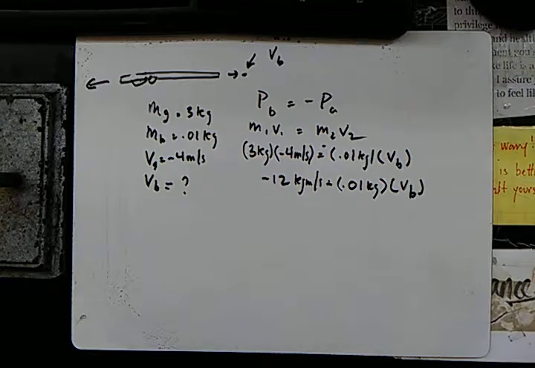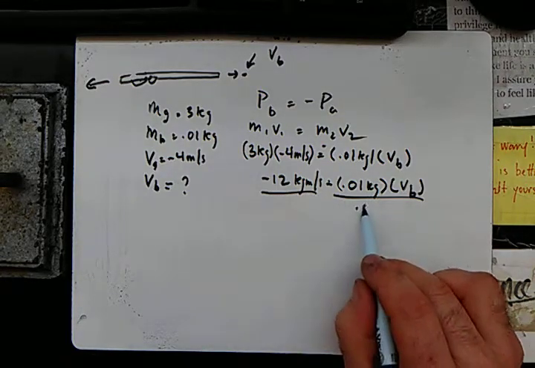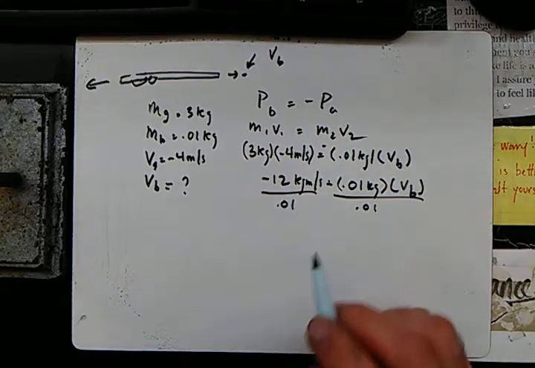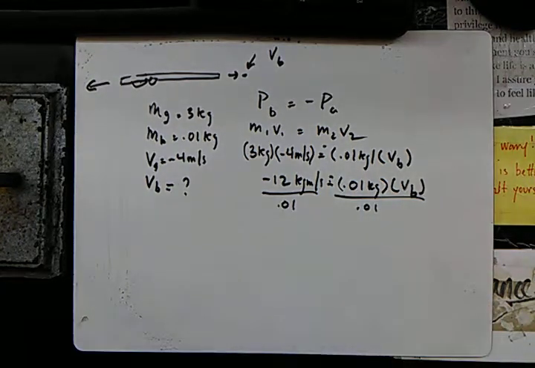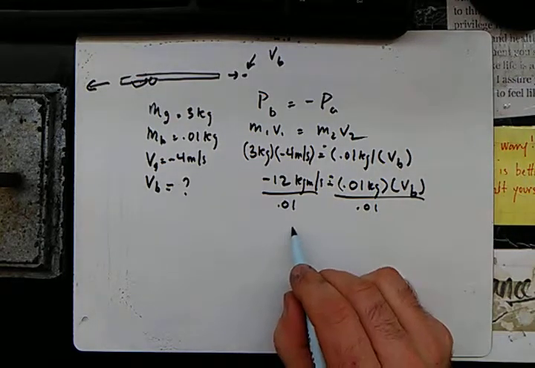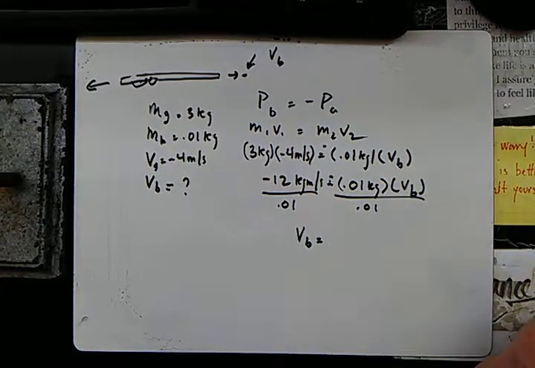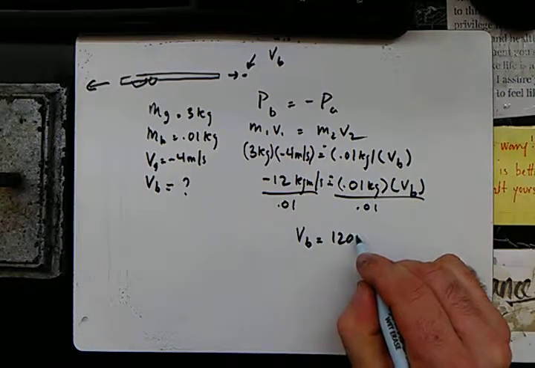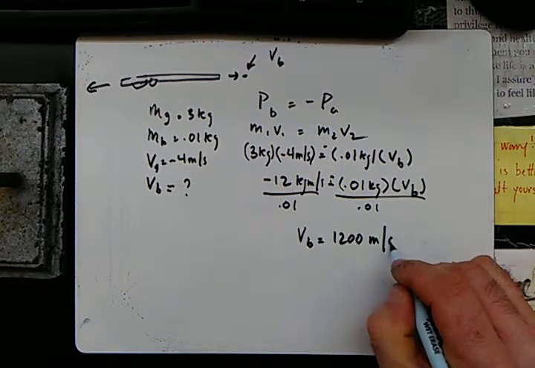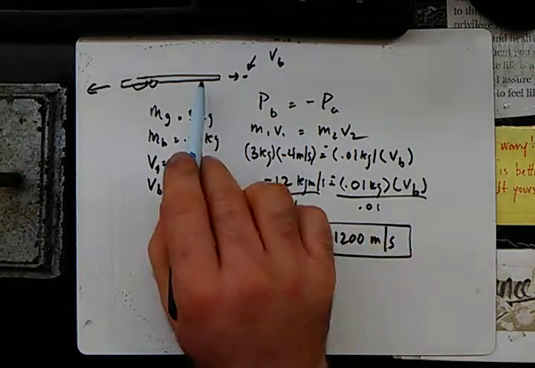It becomes a simple division process. We're going to get rid of 0.01, and we're going to come up with the velocity of the bullet equal to 1,200 meters per second. And that's going in that direction.